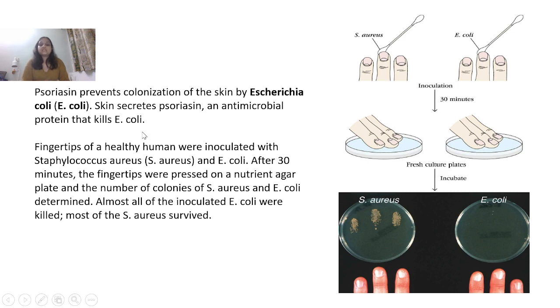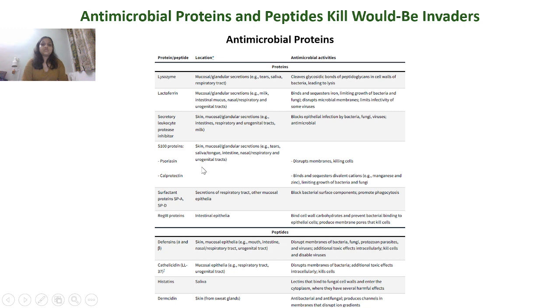As I already told, psoriasin is secreted in tear, saliva, skin, urogenital tract, intestine, nasal, respiratory tract.